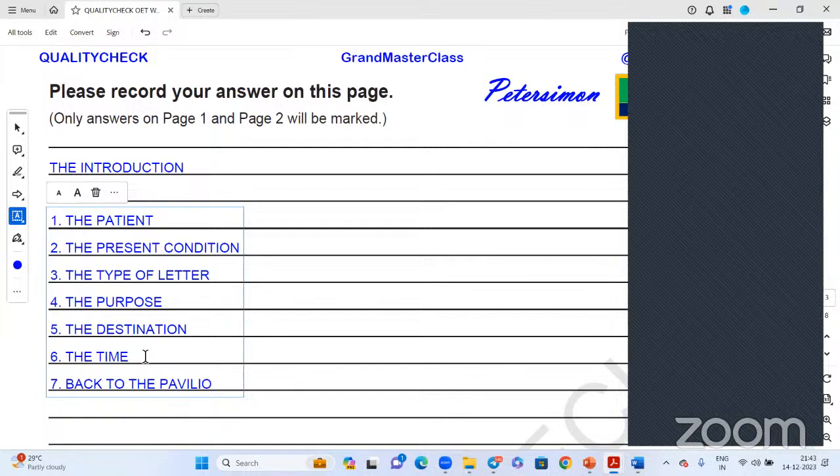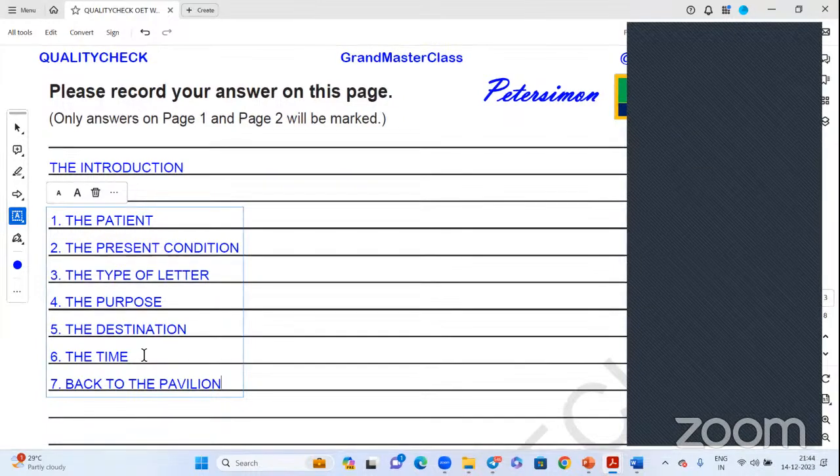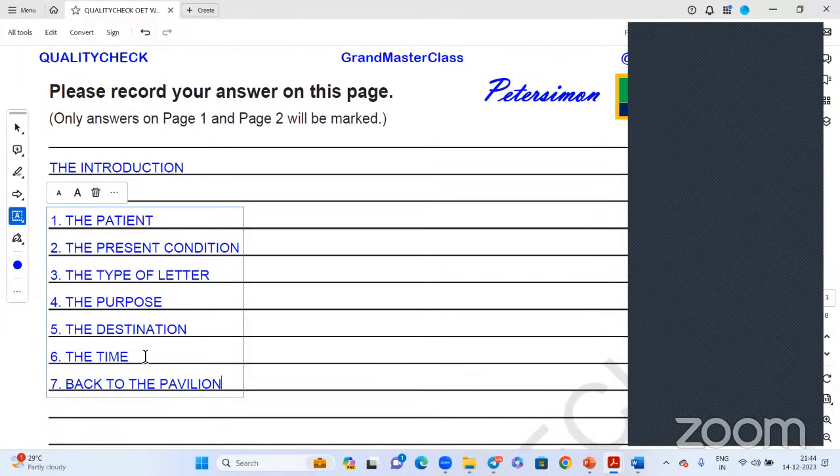That means he came from home and is he going back home? From where he came, is he going there or is he going to some other place? That's it. So these are the 7 components that you write.